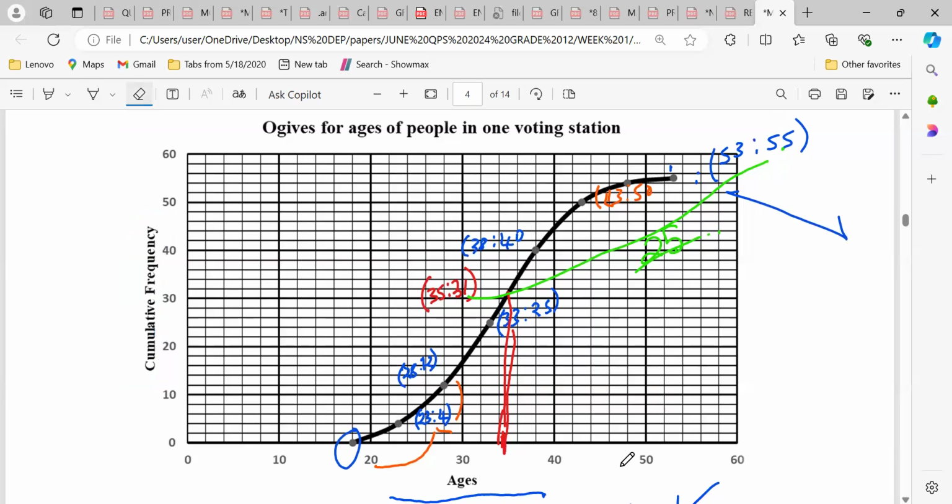With an odd count, you can use n plus 1 or you can use n. Doesn't matter, so let's use n. We're going to have 25% of the data multiplied by n, which is 55. Or you can say 55 plus 1, which gives us 28.